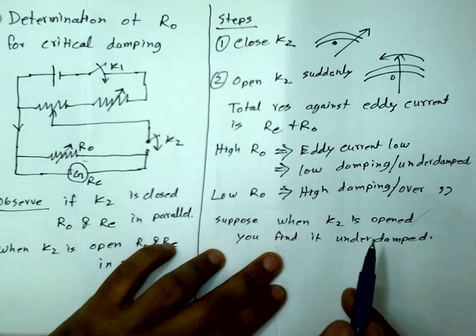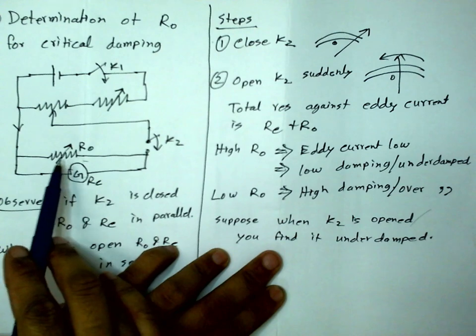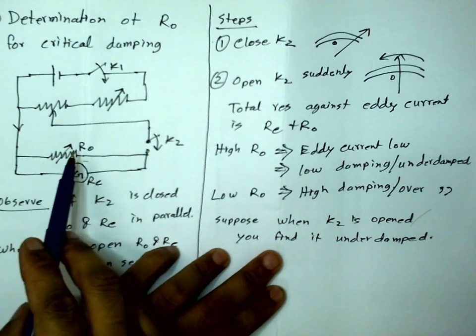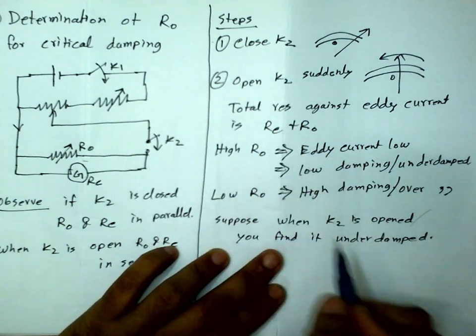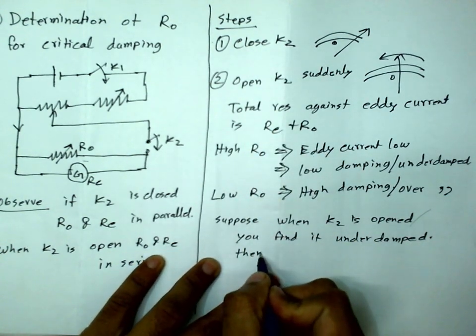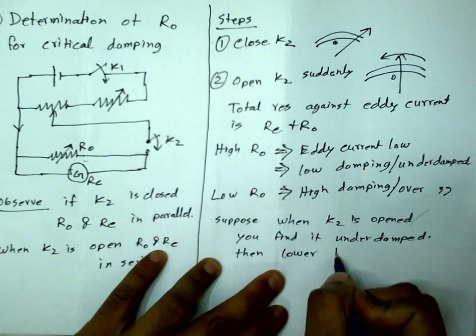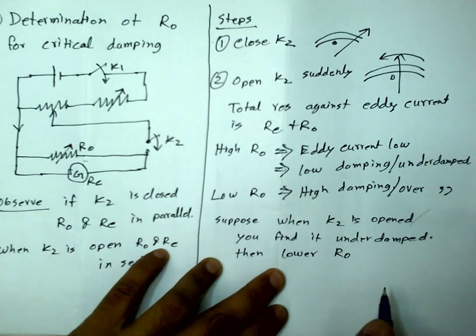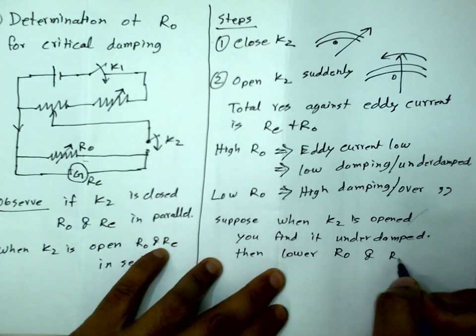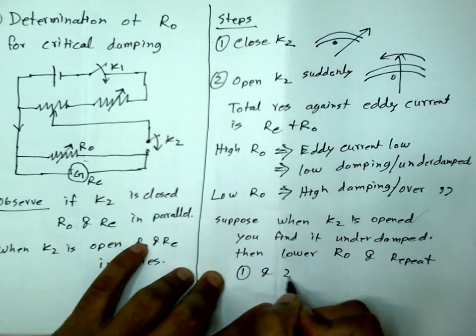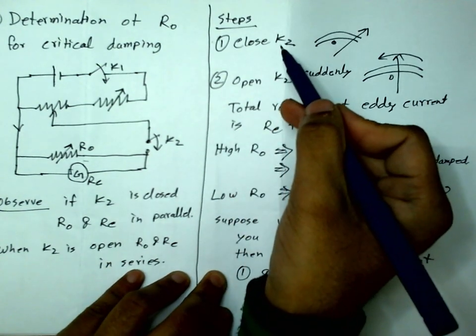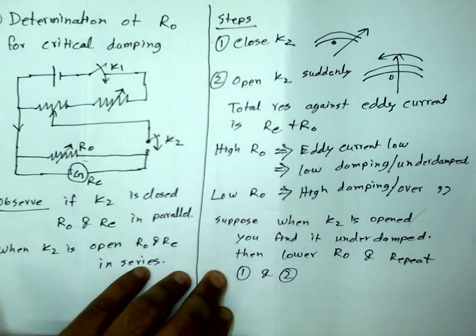Then what you have to do is lower this resistance slightly, by some amount, and do these 2 steps again. Then lower RO, okay, and repeat 1 and 2. So close K2 and open it suddenly.